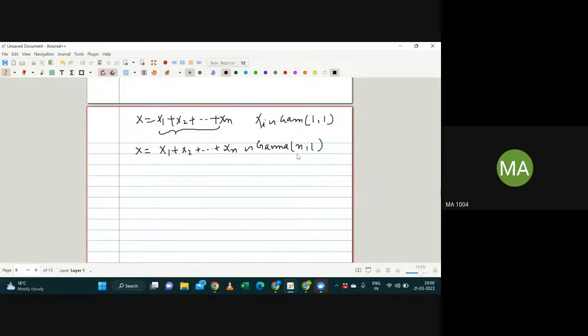So the expected value of x1 plus so on xn is n by 1, which is n. Now, what is the variance of x1 plus so on xn? n by 1 square, which is again n, right?